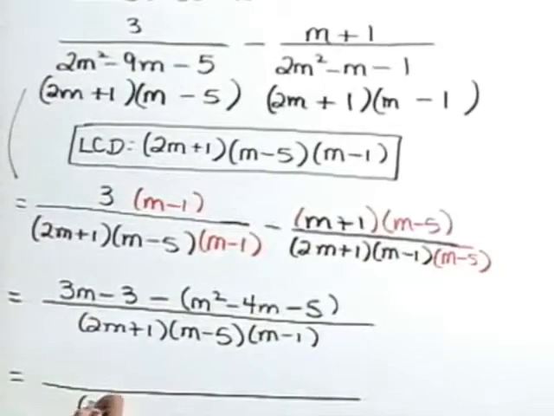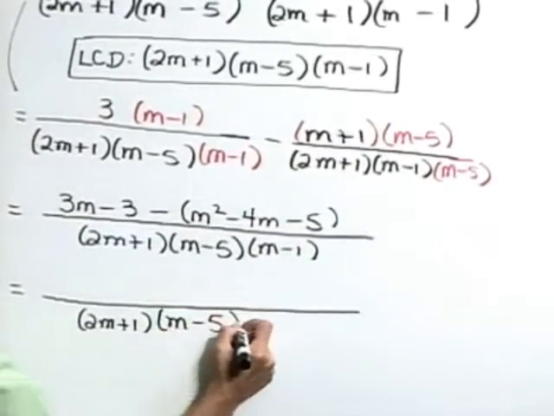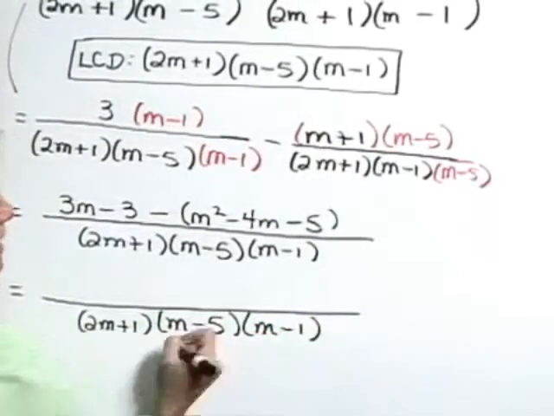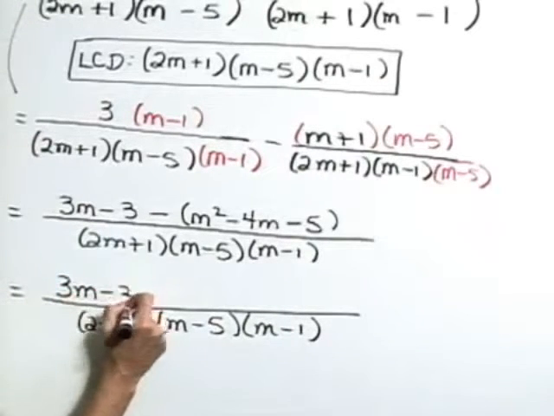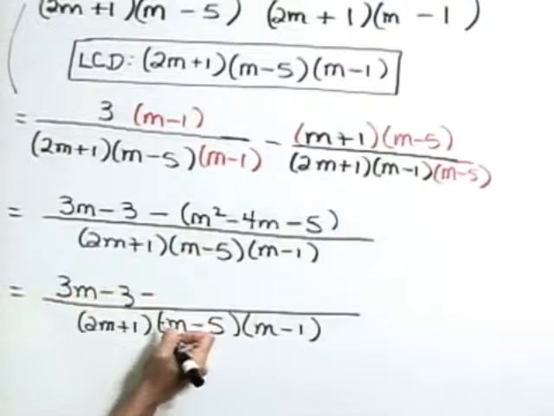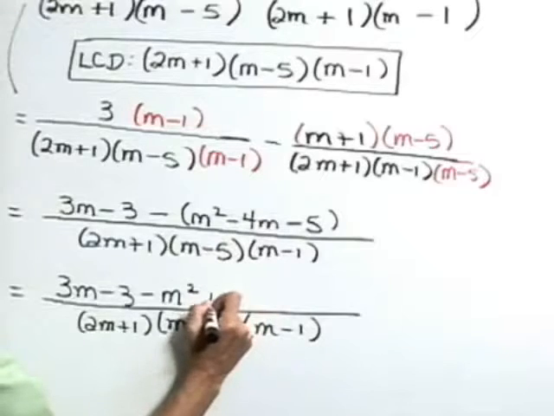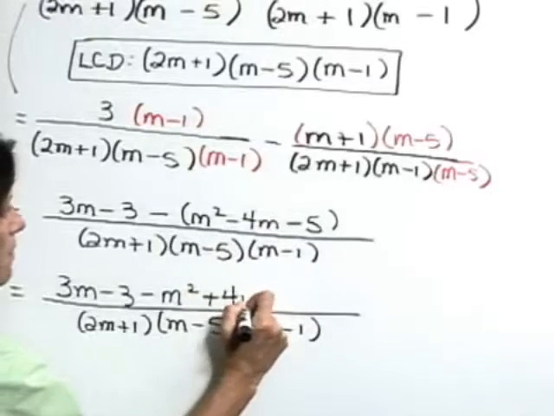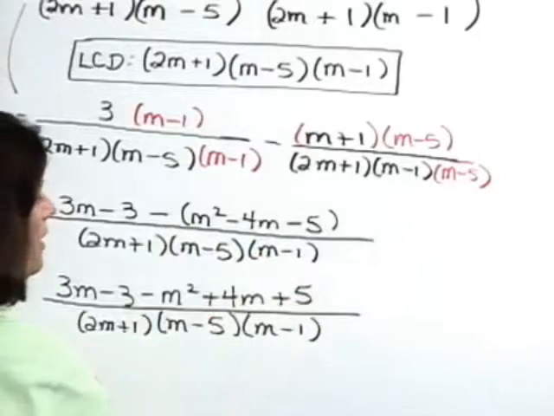As a next step, let's just recopy that denominator and continue to simplify the numerator. I'm going to distribute that minus sign through. So we have a 3m minus 3 minus m squared minus a negative 4m is plus 4m, minus a negative 5 is plus 5.